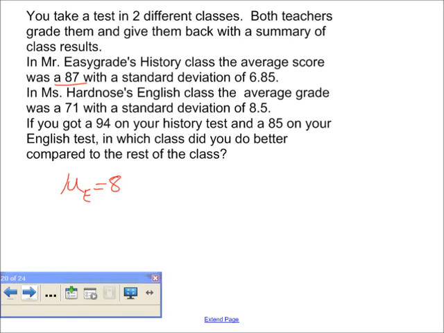Mr. Pitts. So the average grade in Mr. Easy Grade's class was an 87. And the standard deviation in Mr. Easy Grade's class was a 6.85. The average grade in Miss Hardnose's class was a 71, and the standard deviation in Miss Hardnose's class was an 8.5.